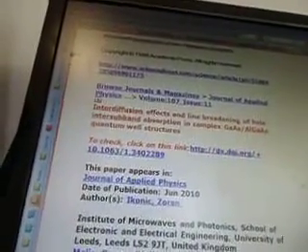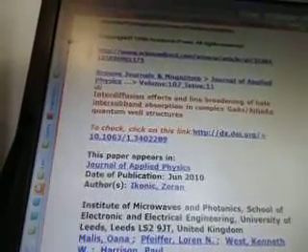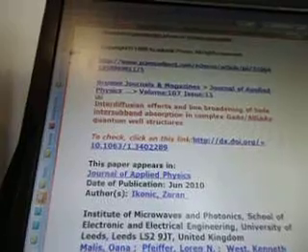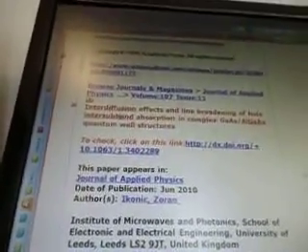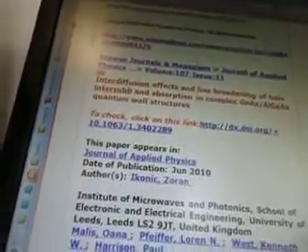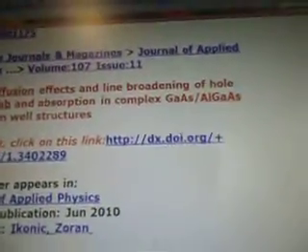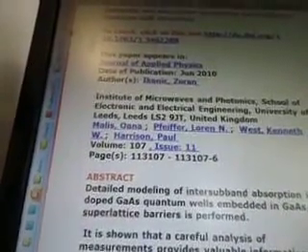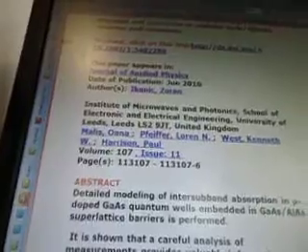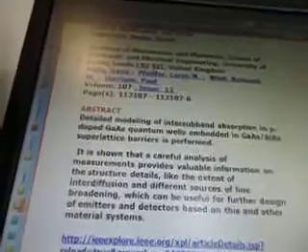ScienceDirect.com. The next is Browse Journals and Magazines. Interdiffusion effects and line broadening of hole intersubband absorption in complex GaAs, AlGaAs quantum well structures. That's from dx.doi.org. It's from Iconic Zoran. June 2010, Institute of Microwaves and Photonics, University of Leeds, United Kingdom.